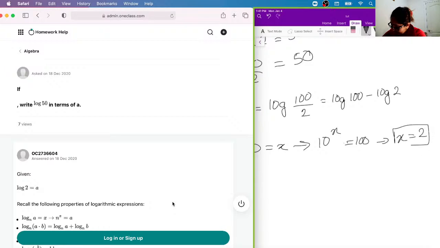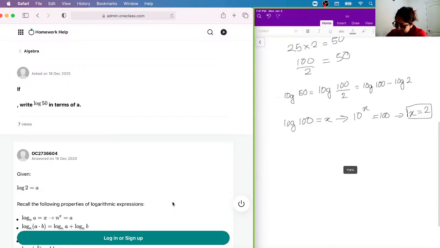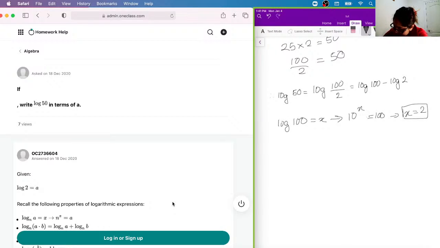And then substituting that, we can basically say log base 10 of 50 is equal to 2 minus a as our equation, since we're given that log base 10 of 2 is equal to a, and we just said that log of 100 is equal to 2, so we just said that log of 50 is equal to 2 minus a.